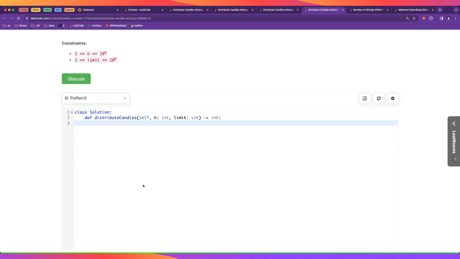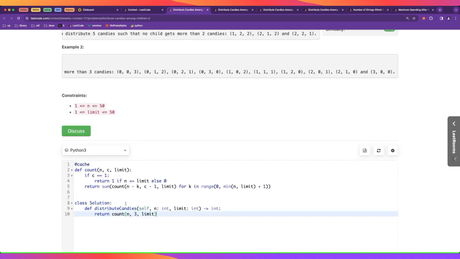So here we cannot do the 2 nested loops because that would be 10 to the 12 iterations, so 10 to the 6 squared, which is a lot. It's too much. It's going to be too slow. But we can have one loop, right? We can have again the same thing. Let's copy it. Why not?